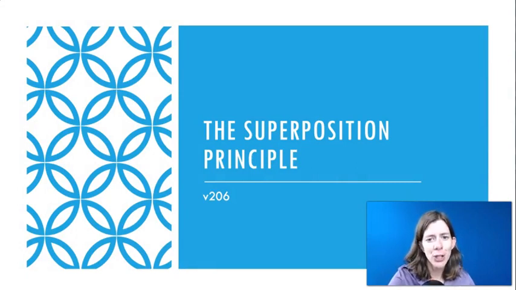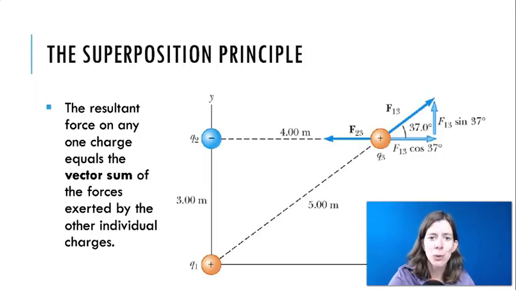So we just learned about Coulomb's law and how there's a force between charges. In this video, we want to learn about the vector nature of this force, and to help us with the fact that forces are vectors, we're going to use the superposition principle to add up our forces.